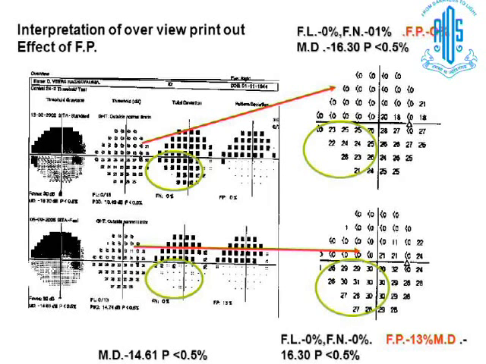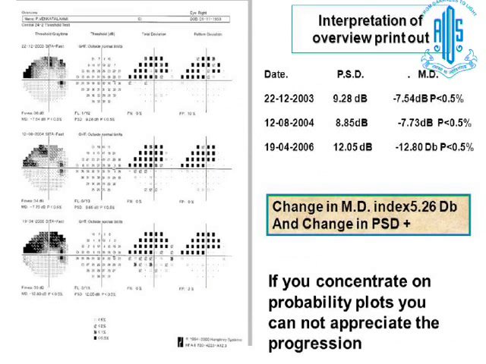And this patient, you see, I had the follow-up of the patient up to almost 2015, still in my follow-up. Now the fields are almost stable, but initially I saw this patient in 2003, 2004, 2006.